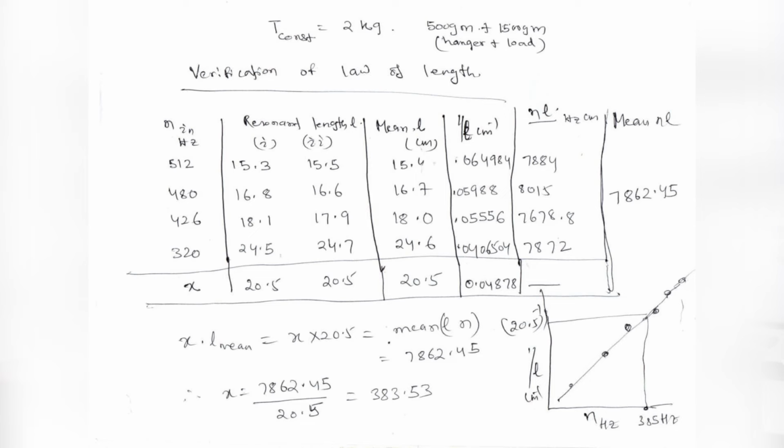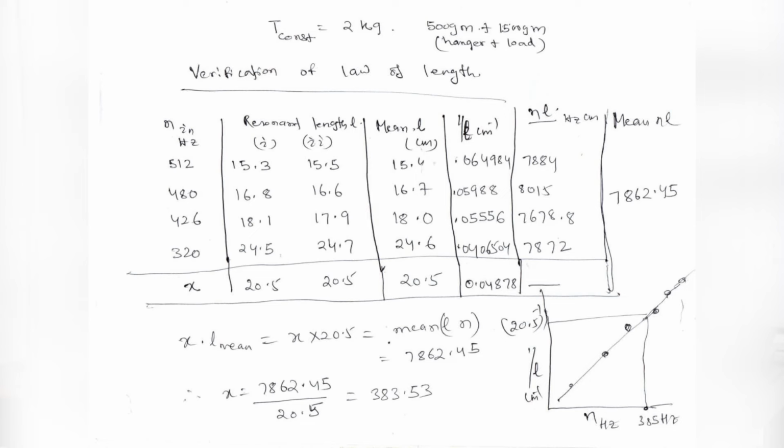So with 512 hertz, I find that the difference 15.5 centimeter is another resonant length. That means it's the second time I am taking the observed length where it is giving the maximum sound. That means the air is in resonance with 512 hertz, the natural frequency of my tuning fork.